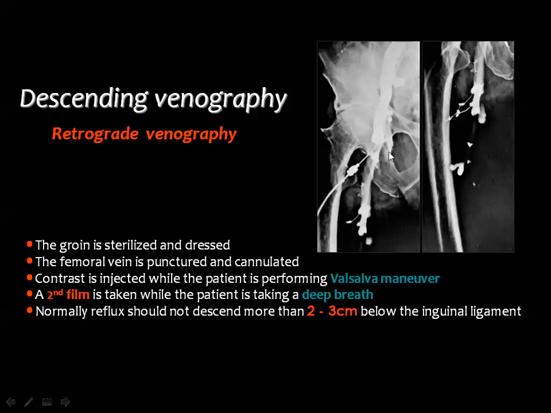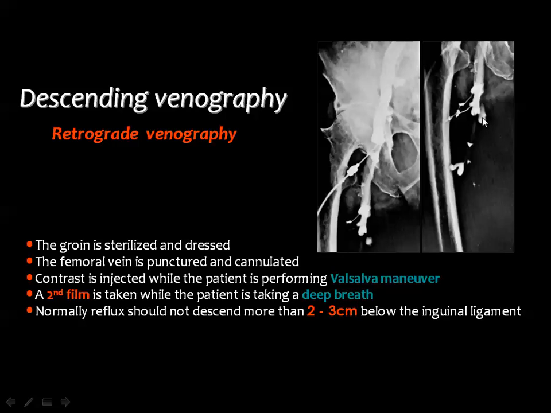We put a cannula in the common femoral vein, and we inject contrast while the patient is performing Valsalva maneuver, and the second film is taken while the patient is taking deep breath. Then if the valves are competent, then the descent of contrast material should not be more than 2 to 3 centimeters below the level of the inguinal ligament.